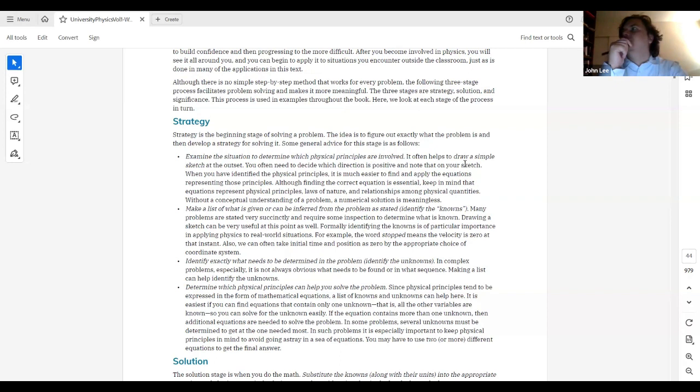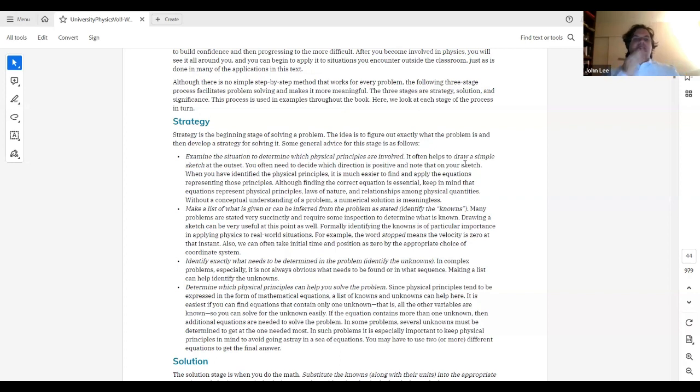Then your knowns would be the 20 miles and the 50 miles per hour, and you would relate the two together with an equation that you do in step 1, which is going to be the relationship between distance and velocity in time to solve for time.